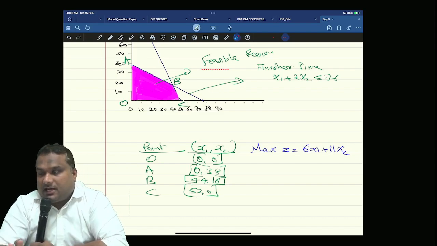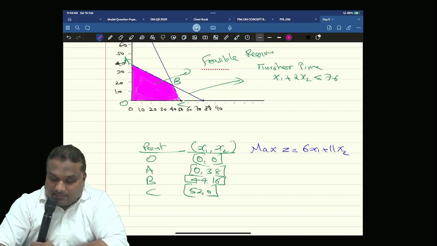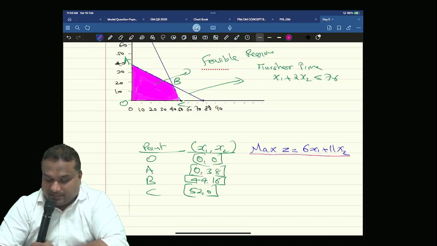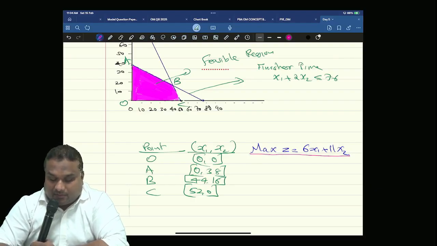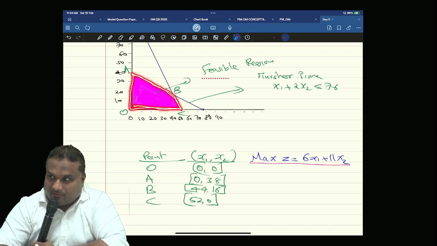The last interesting part, the final part of the question is here. Our objective in the business is to maximize the profit, correct? There is a rule that your maximum profit or minimum cost will be somewhere on the corner points.